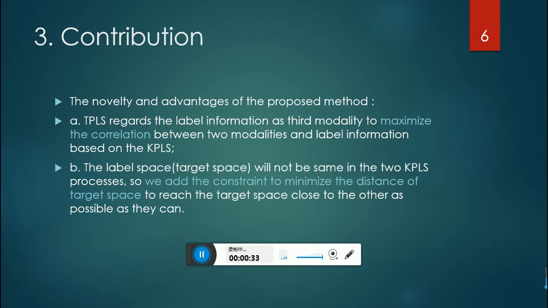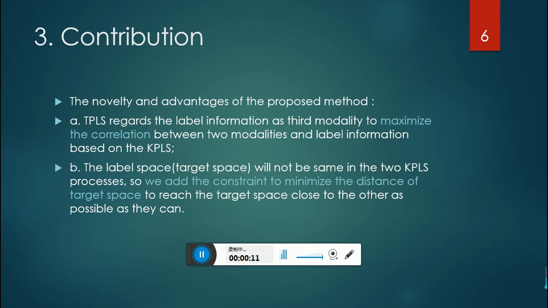The first one is that TPLS regards the label information as the third modality, and then we maximize the correlation between the two multimedia modalities and the label modality based on KPLS, which is kernel partial least squares. The second one is that we found that the label space will not be the same in the two KPLS processes.